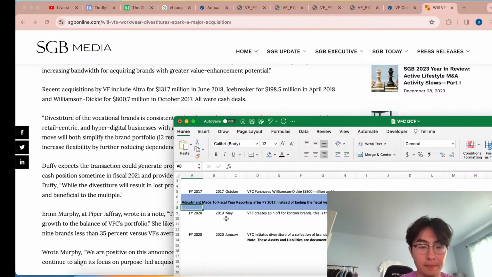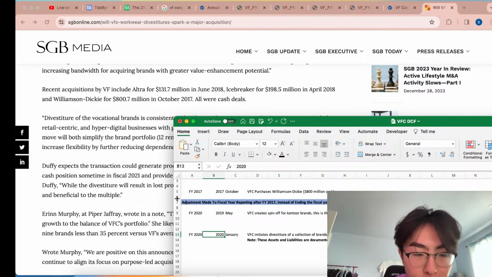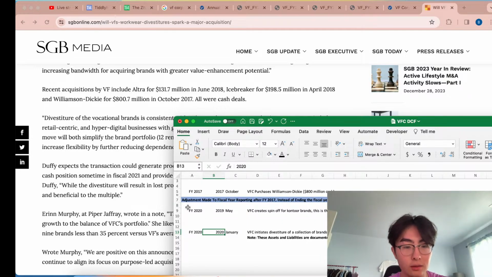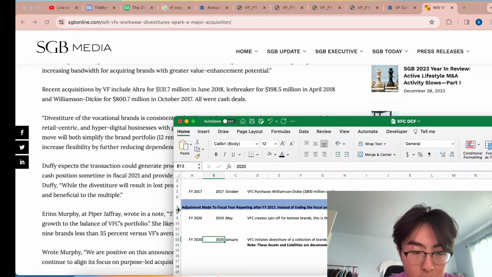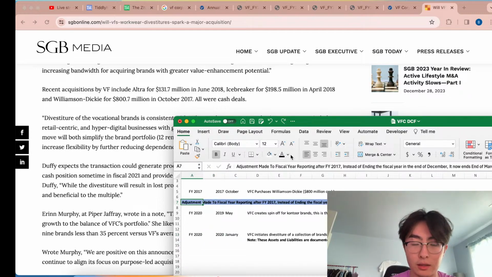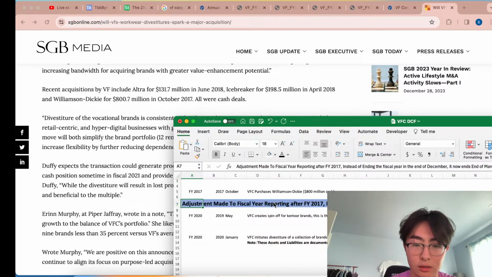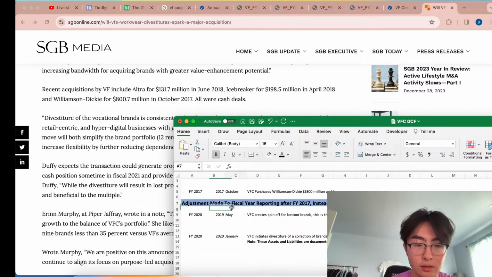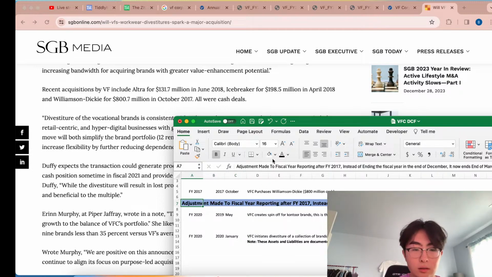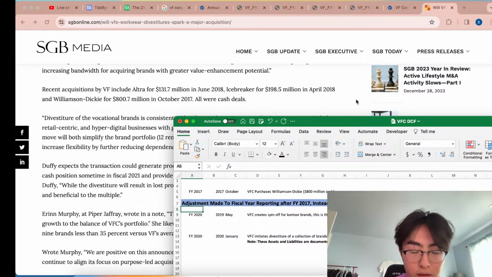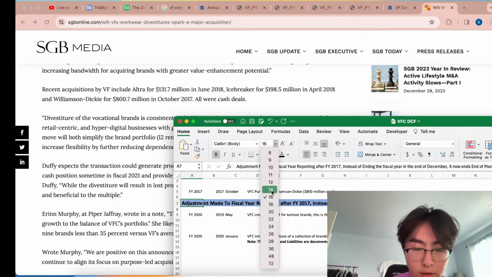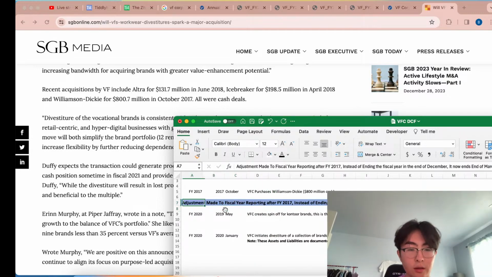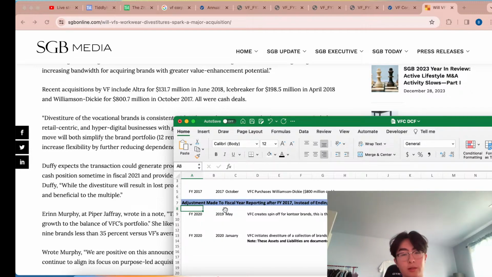Maybe just make this a little bit bigger. Or maybe I can make this a little bit bigger. So 18, 16. Okay. 14. Okay. So this is the adjustment period.